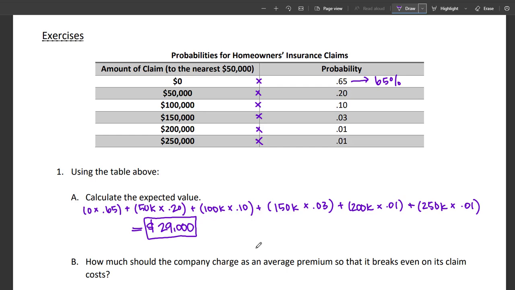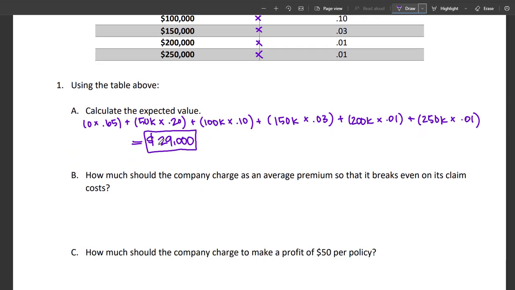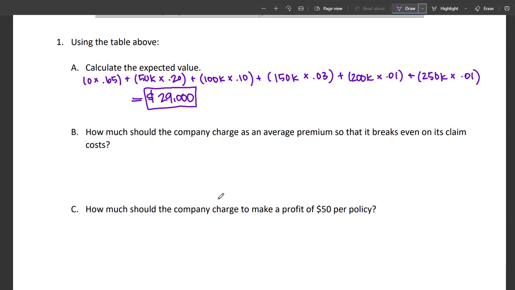So this is the expected value for the insurance company. This is like their expected value of how much they're going to pay each homeowner, almost like an average. How much should the company charge as an average premium so that it breaks even on its claim costs?